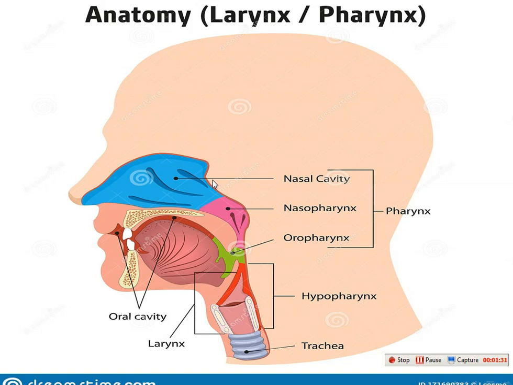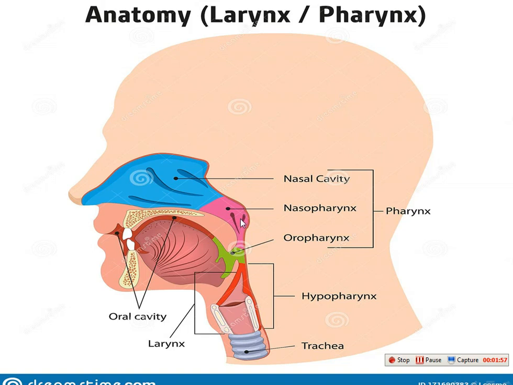The second part is the pharynx, which is also associated with the digestive system, and it can be divided into three regions. The first one is the nasopharynx. You see here the nose and the nasal cavity, and here we have the nasopharynx.